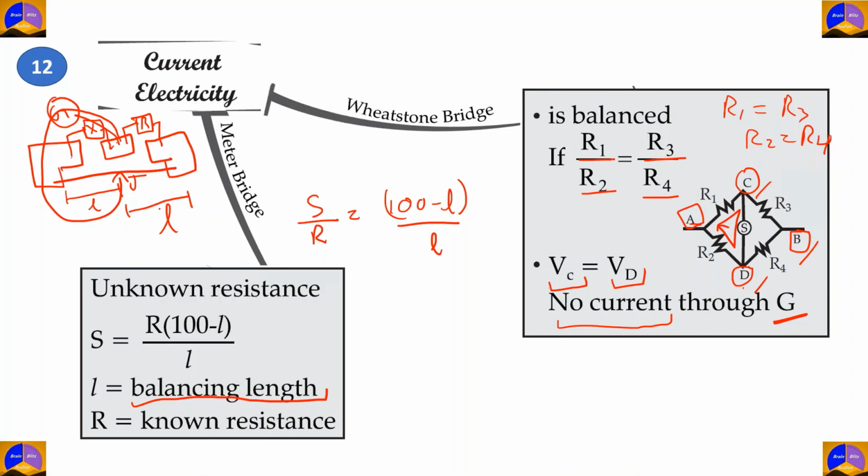The remaining length on the wire, which is 100 centimeters long, would be 100 minus L. So we need to find both lengths on both sides of the point where the jockey makes contact with the wire. And that will be equal to the unknown resistance divided by the known resistance. So we'll find the unknown resistance using the formula S is equal to R into (100 minus L) divided by L.